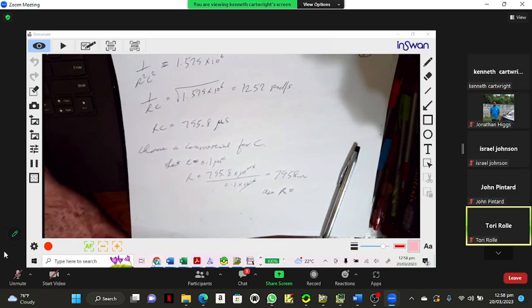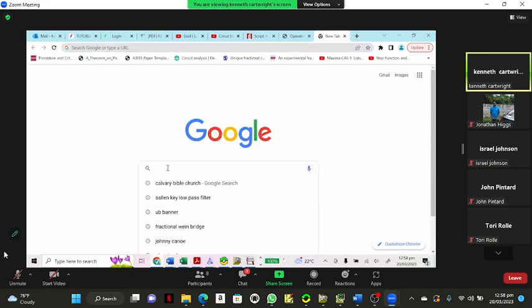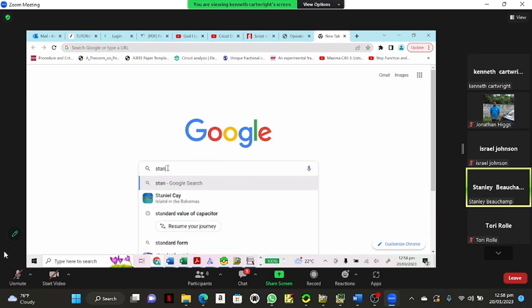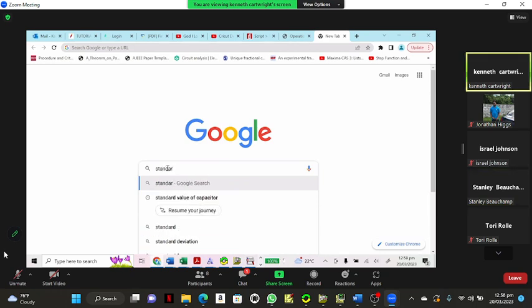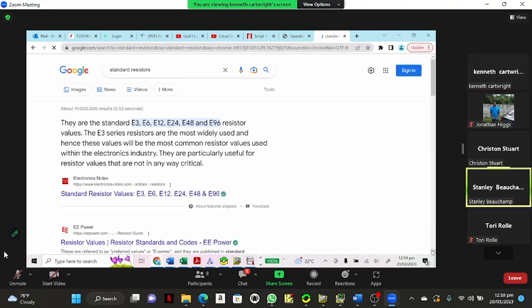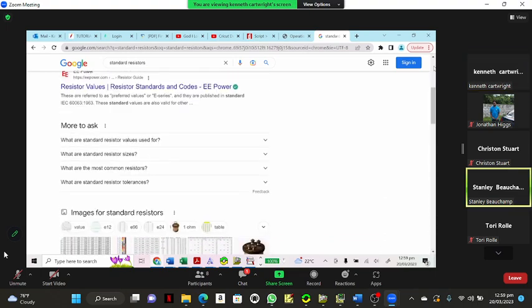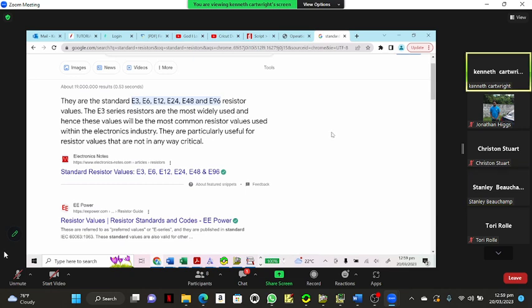Not in 5% or in 10%. It may not be in 1%. I normally only look for 1%. Okay, let's just use 1%. Standard resistor values.